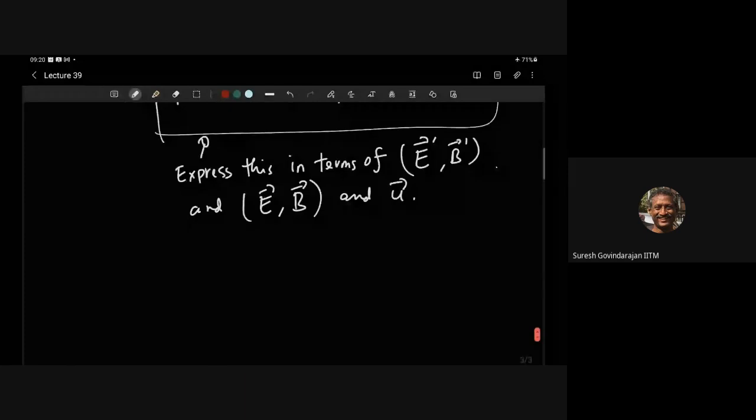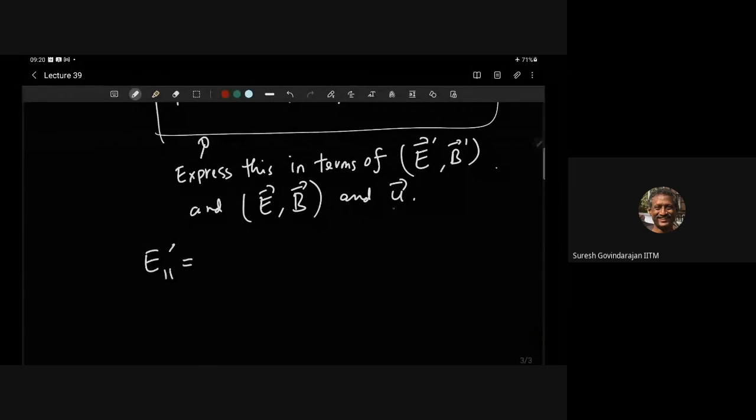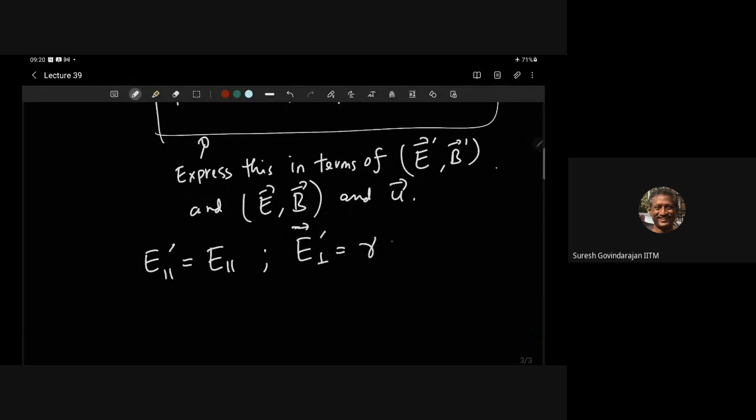It's very simple. It's kind of nice. E parallel is the component which is parallel to U. E parallel prime is equal to E parallel. The other one is E perpendicular, which is a vector now. E perp prime is equal to gamma times E perp.